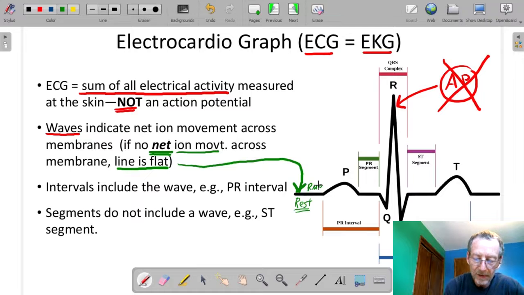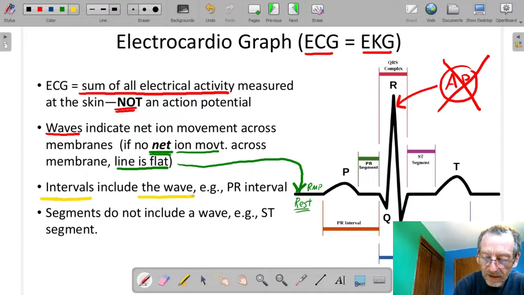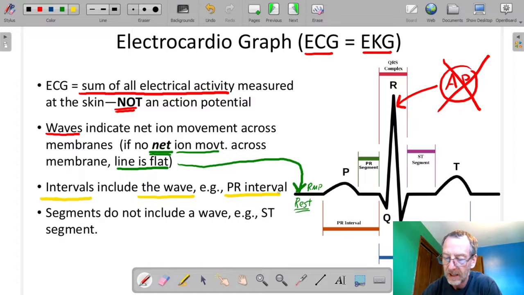A couple of other things to note. If we're talking about an interval, an interval includes the wave. So for example, the PR interval is between the P wave and the R wave.